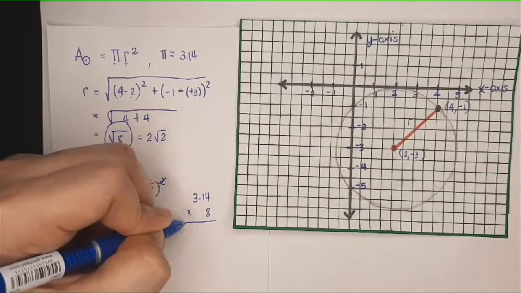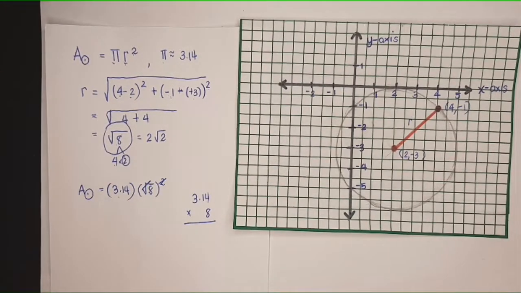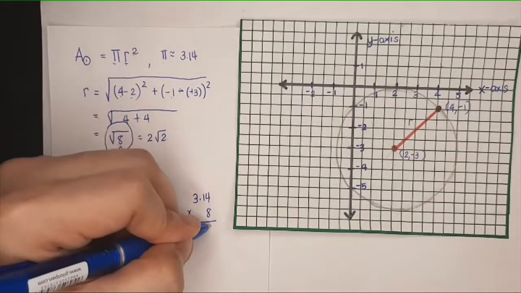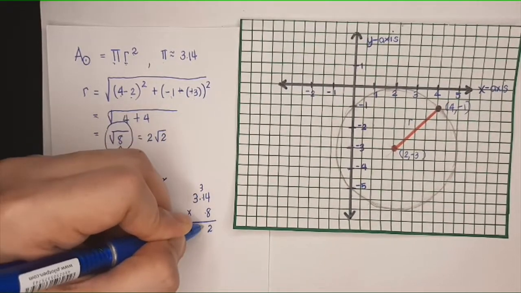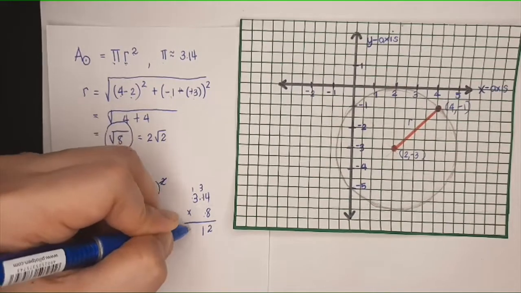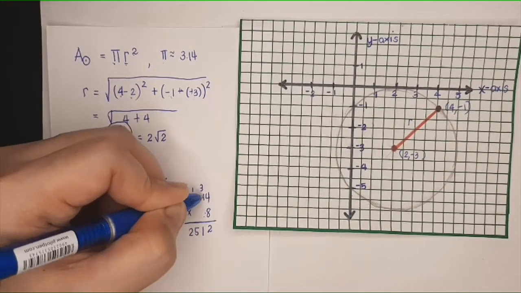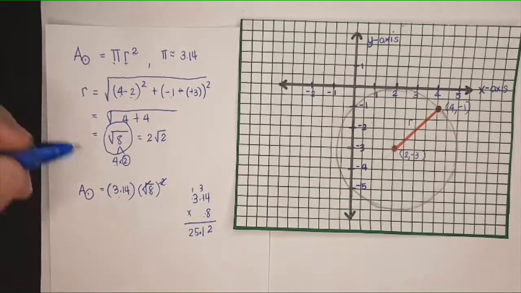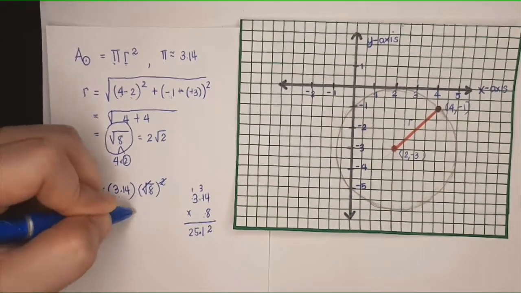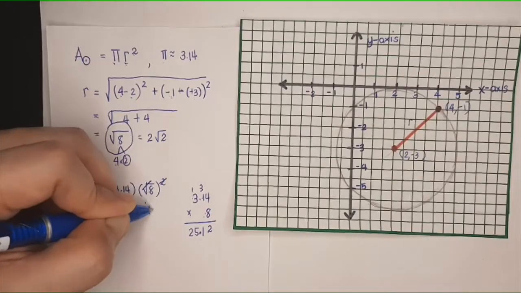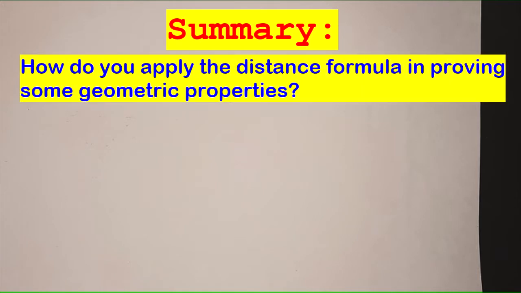Para ma-practice din yung arithmetic ninyo. Okay? So, 8 times 4, 32. Carry 3. This is 8 plus 3, 11. Carry 1, 24, 25. Okay? 1, 2. Okay? So, the area is equal to 25.12 units squared.